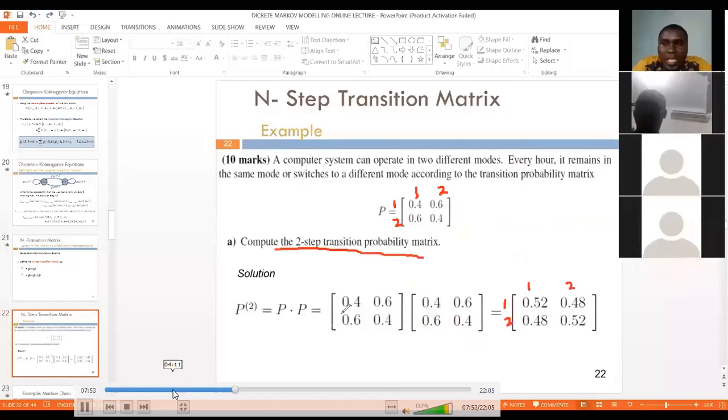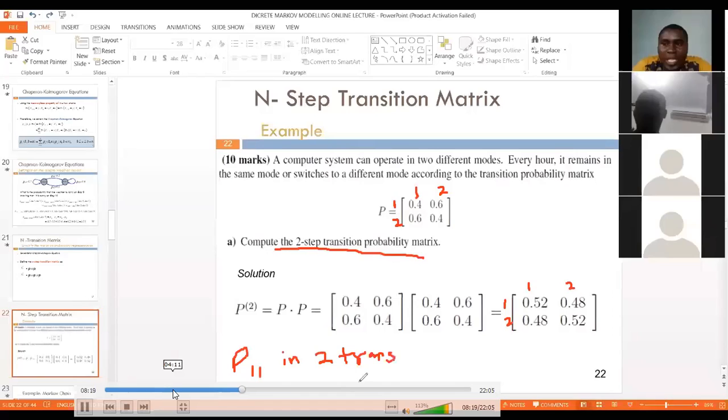Okay. But if I had asked you to find the probability of moving from state 1 back to state 1 in 2 transitions, or in 2 hours, let me put it that way.